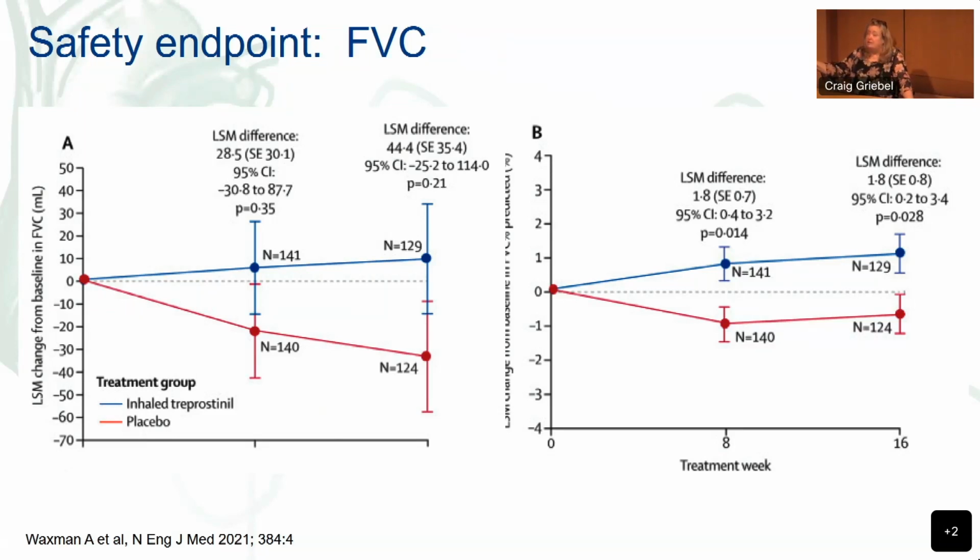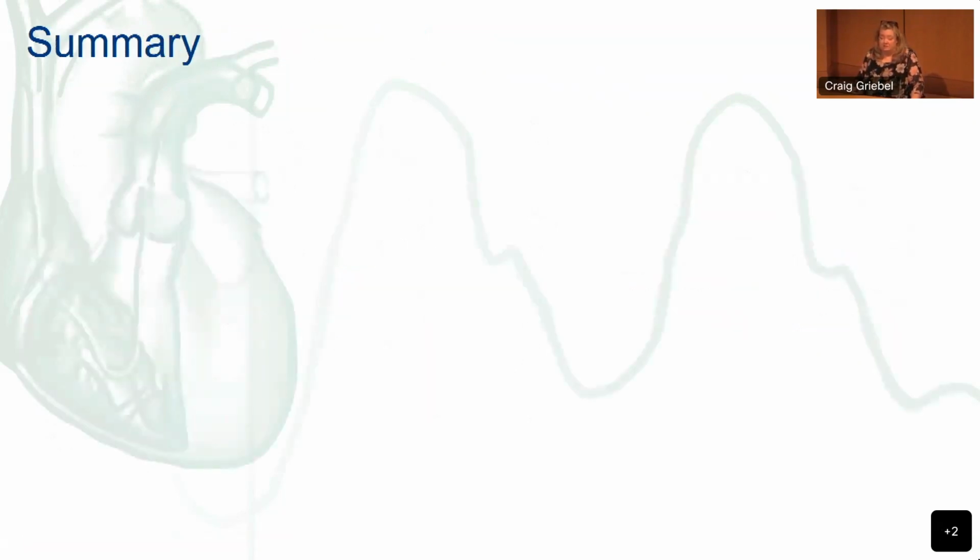Those people did not have ILD, and there was no real difference. So these people have ILD, and there is a difference. So the question was raised: do the prostanoids, does inhaled treprostinil, is there any benefit for the ILD? We don't know that yet. This is hypothesis generating. There are studies going on, but it's certainly interesting.